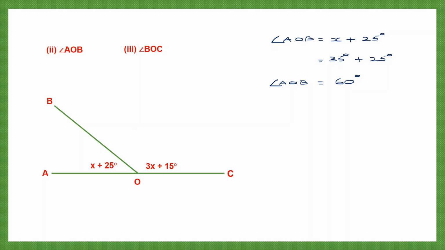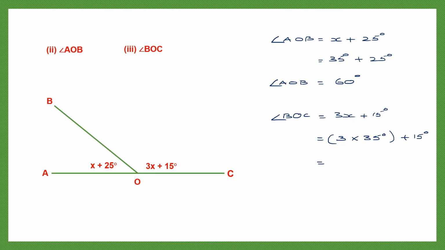Now let's find angle BOC. Angle BOC is this angle BOC, which is 3x plus 15. So let's write that down. 3x plus 15 degrees. So 3x means 3 into x. So x is 35 degrees. 3 into 35 degrees plus 15 degrees.